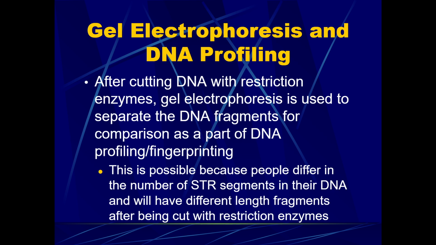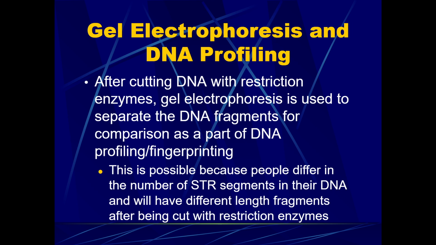And after cutting DNA with restriction enzymes, gel electrophoresis, now actually capillary electrophoresis is more common, is used to separate the DNA fragments for comparison as a part of DNA profiling and fingerprinting. And this is possible because people differ in the number of STR segments. Not necessarily the sequence, but the number of sequences that are repetitive and next to each other.